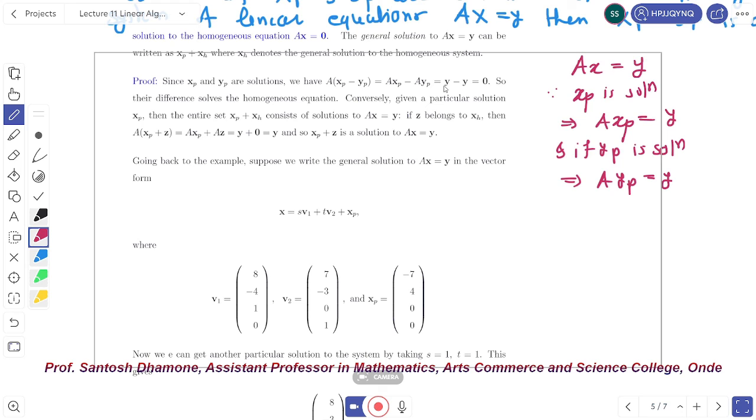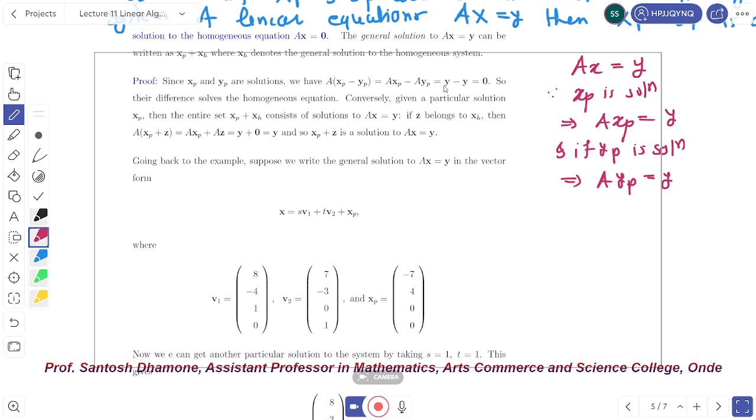We can rewrite the general solution as x equal to (s minus 1 plus 1) v1 plus (t minus 1 plus 1) v2 plus xp, which is (s minus 1) v1 plus (t minus 1) v2 plus yp, equal to s-hat v1 plus t-hat v2 plus yp.